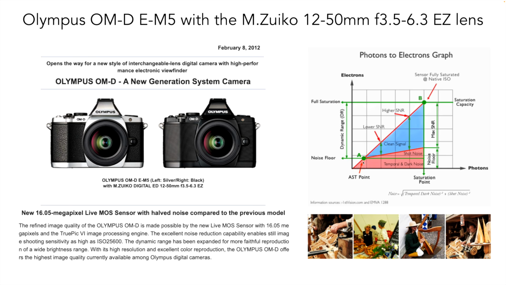And this is the combination of having half the noise floor of the previous camera and lowering the ISO point, which gives me a higher dynamic range, plus a high sensitivity sensor, optimizing this area tremendously. And you see this statement with so many of these OMD cameras.